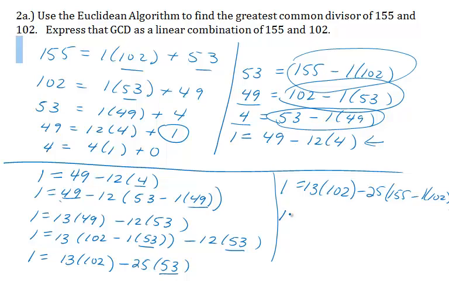Hopefully this is all going to fit. Okay, so we've got 102 here and 102 here. We're going to combine those terms. We've got 13 of them minus a negative 25. So 38 times 102 minus 25 times 155.